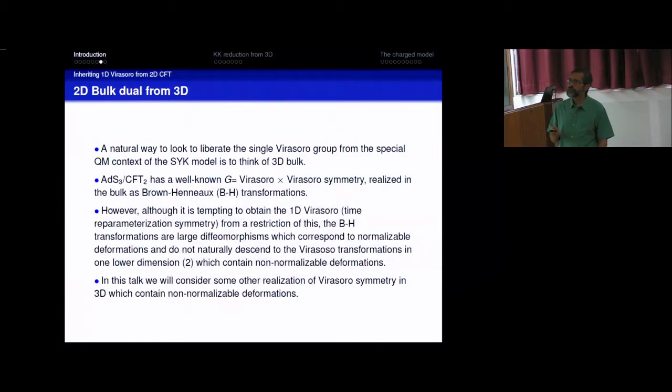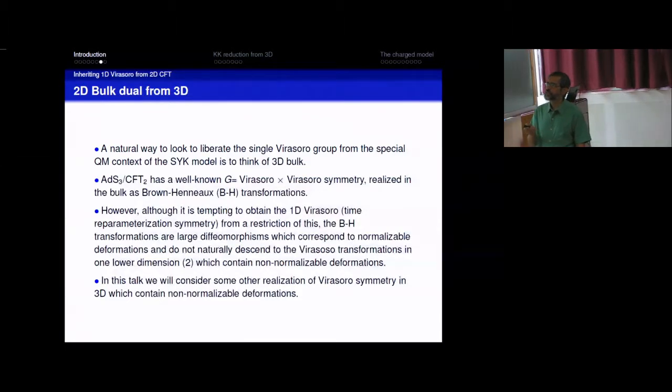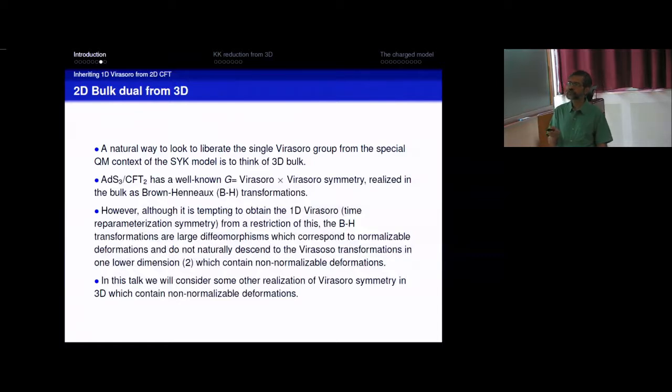But it will turn out that although it is tempting to obtain the one-dimensional Virasoro from a restriction of this, the Brown-Henneaux transformations are large diffeomorphisms which correspond to normalizable deformations.